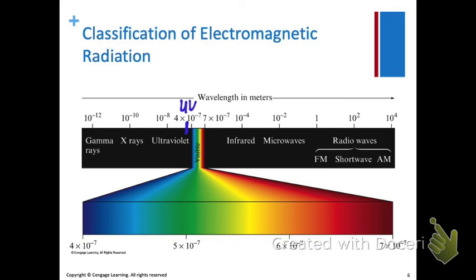Wait, why wouldn't it be under radio waves? Because it's to the negative 7th power. I think it's got to be on this side, because 1 times 10 to the negative 7.